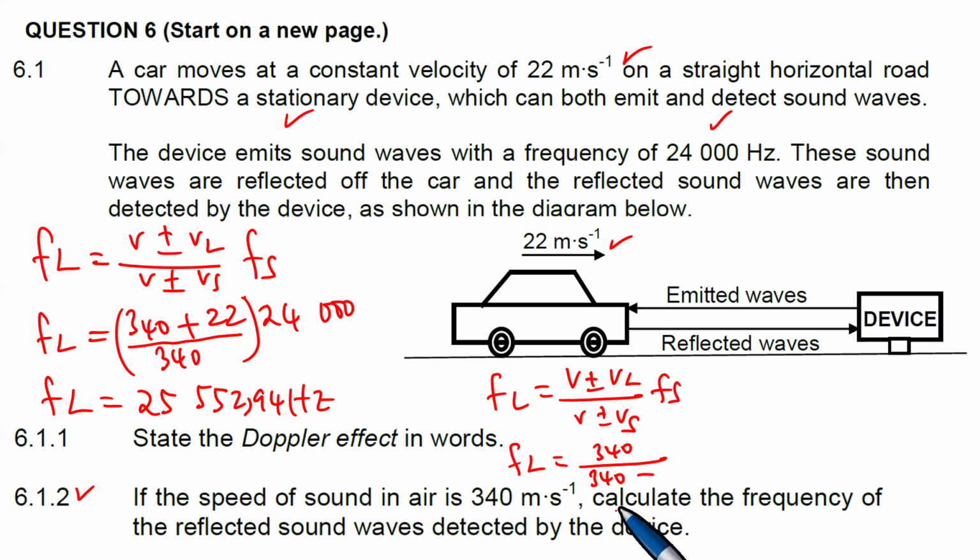And because this car moves at a constant velocity on a straight road and towards, this is going to be minus. This is actually going to be minus 22. That's the velocity of the source.